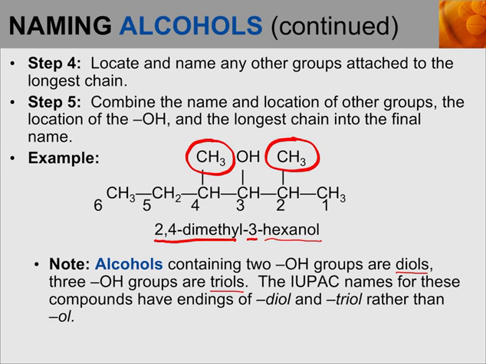If you have three double bonds, it's a triene. So same thing here, we're just using the OL ending instead. So if you're naming something with two OH groups, then at the very end, instead of using OL, you would use diol or triol, depending on how many alcohol groups you have.